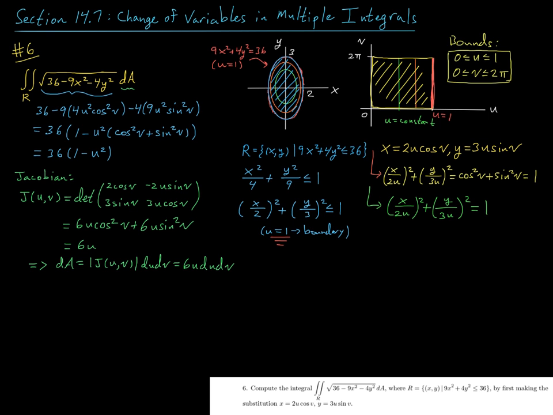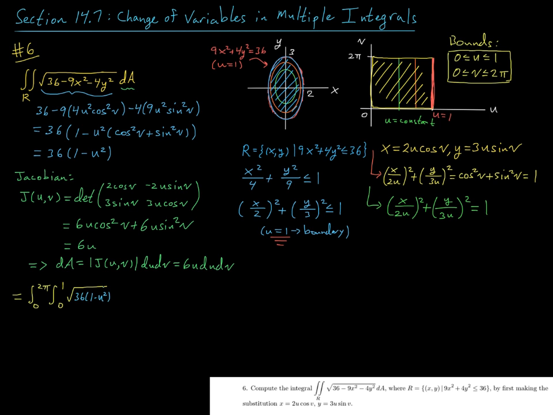All right, so now let's go ahead and put everything together for the integral. Our integral now is going to be the integral from 0 to 2 pi, and then the integral from 0 to 1. I'll do this in the order du dv. And then for our integrand, as we noted here, this is going to be the square root of 36 times 1 minus u squared.